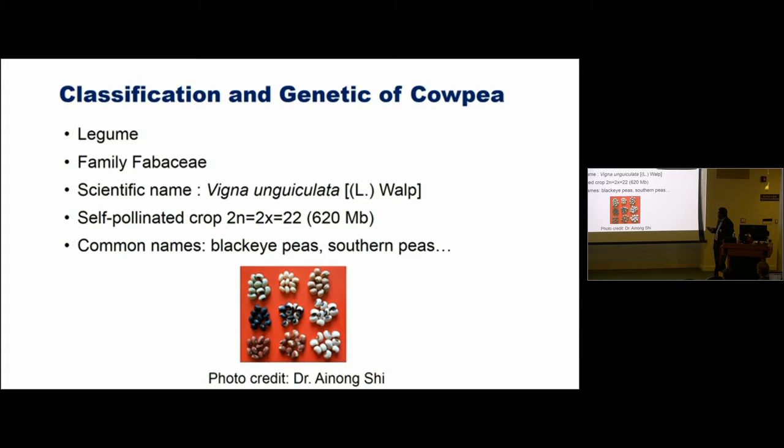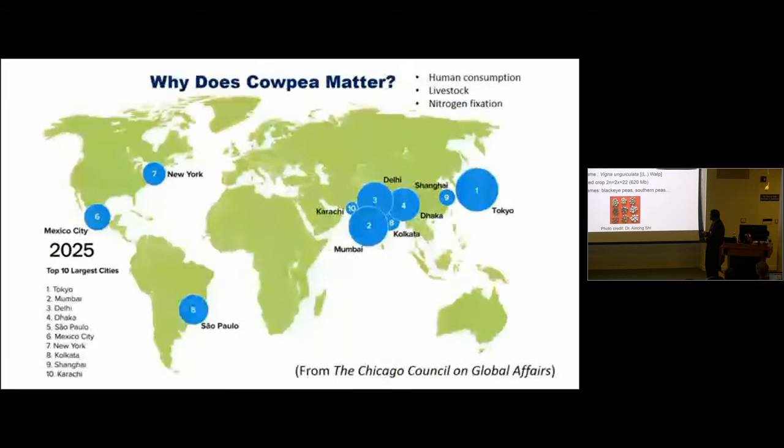And the genome size is about 620 MB. In the United States, cowpea is usually known as black-eyed peas or southern peas. And at the bottom, we've got a nice picture of cowpea seeds from my advisor. It can have green color, black eye, or red Holstein, depending on the variety.